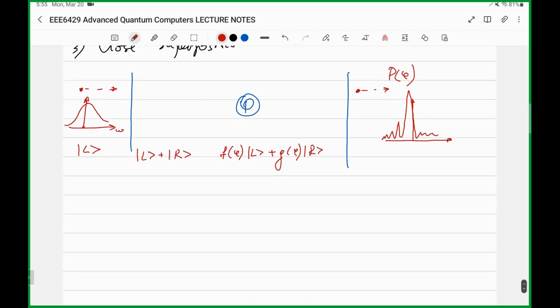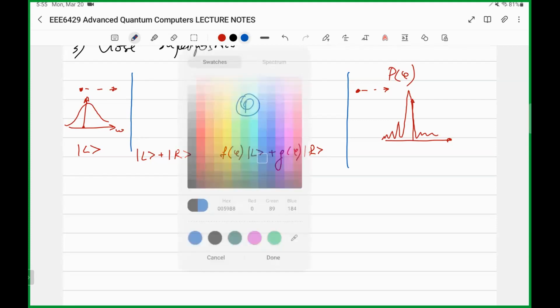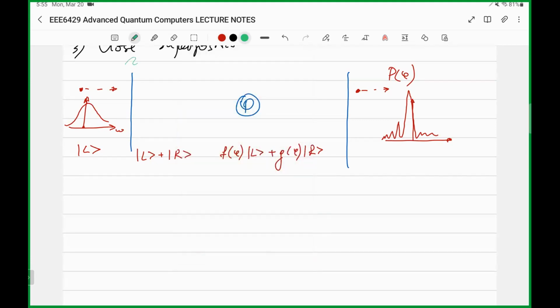So my goal, for the given input, is to design my resonator, the system, where I open the superposition, then do something with the phase, and close the superposition to achieve some effects.